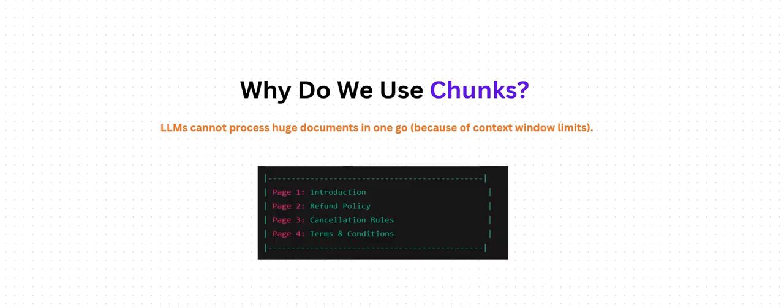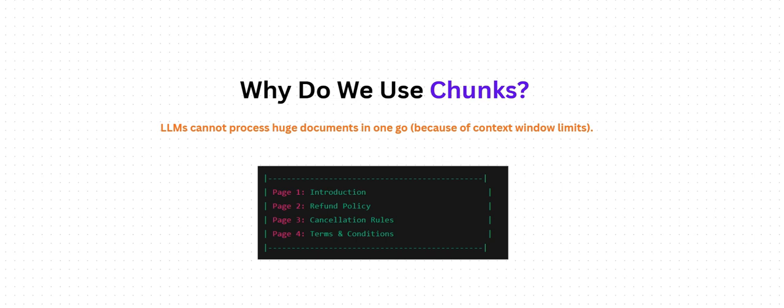Imagine we have a PDF which contains an introduction, refund policy, cancellation rules, and terms and conditions. During chunking, we convert those parts into small chunks. In chunk number 1 we add the introduction, the refund policy goes in chunk number 2, cancellation rules go in chunk 3, and terms and conditions we keep in chunk number 4.